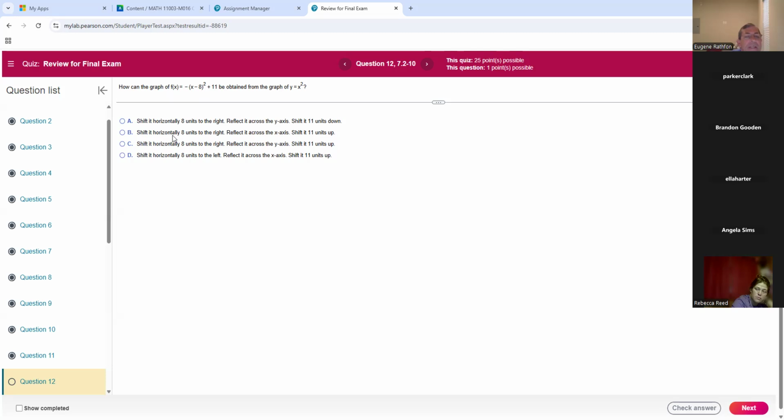Well, y'all, A, B, and C all have 8 units to the right. So then that negative in the very front reflects me across the x-axis. And y'all, at that point, I've only got one choice, right? 8 units right. Only one of them says I'm reflecting across the x-axis. So it has to be, what you got, Brandon? B, it looks like.